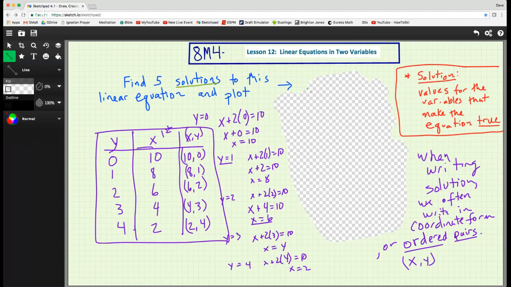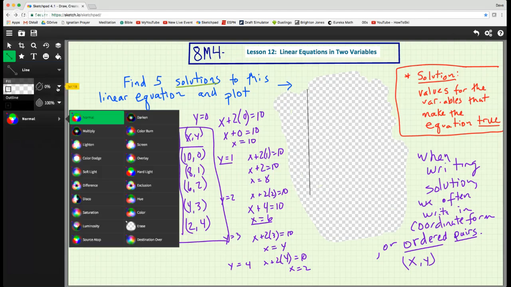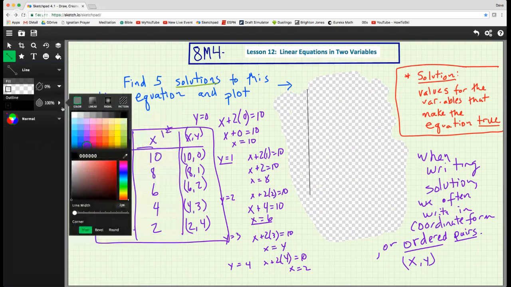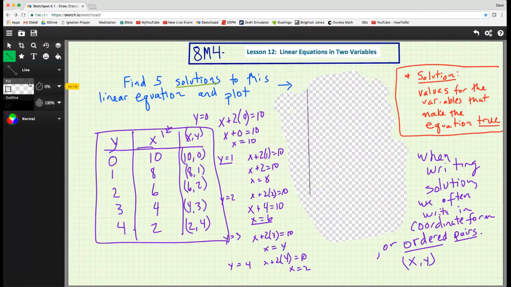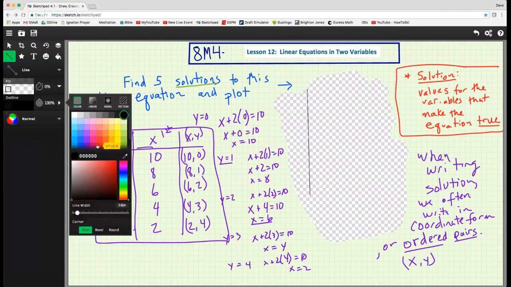So we're going to make our graph. Oops. We need to make our graph, our line. Our outline has to be a little fatter than that. Let's go fatter. And let's go with the color that's purple.